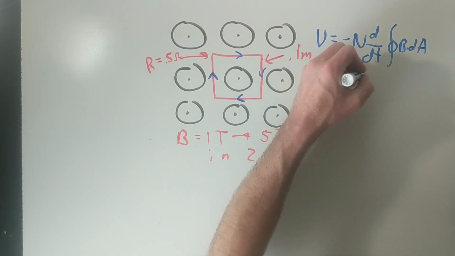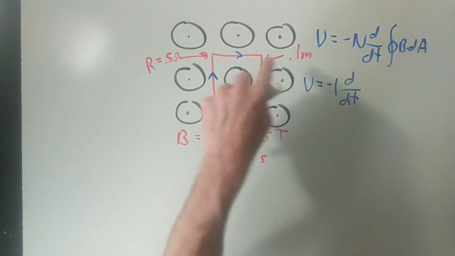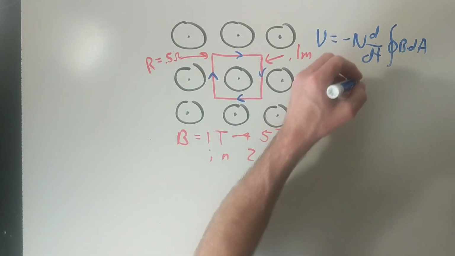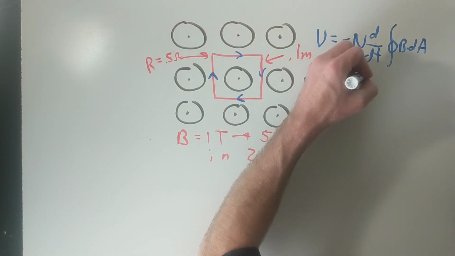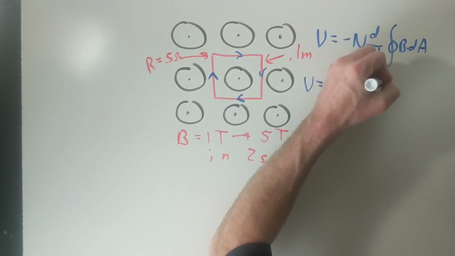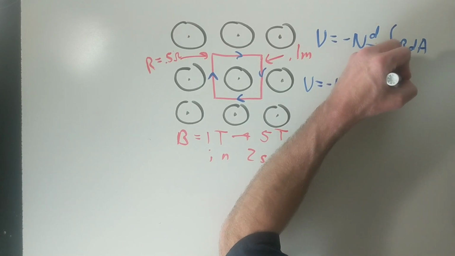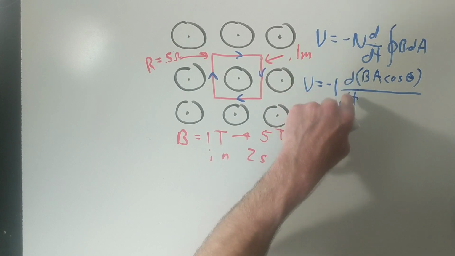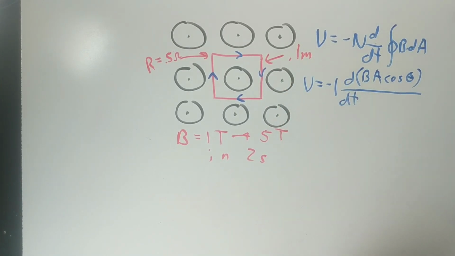The cosine here is just going to give us a 1 because theta is 0. So we really just need to find the change in BA cosine theta over time, so change in magnetic flux over change in time.